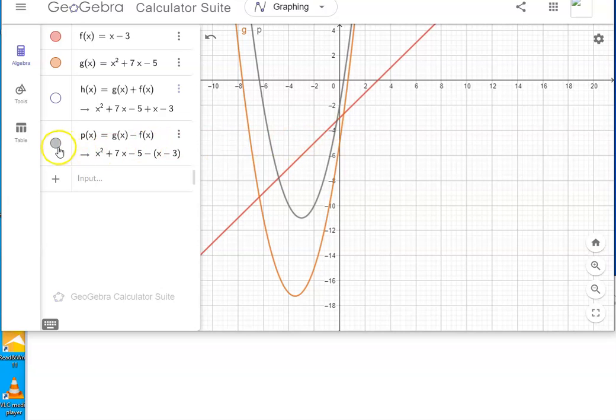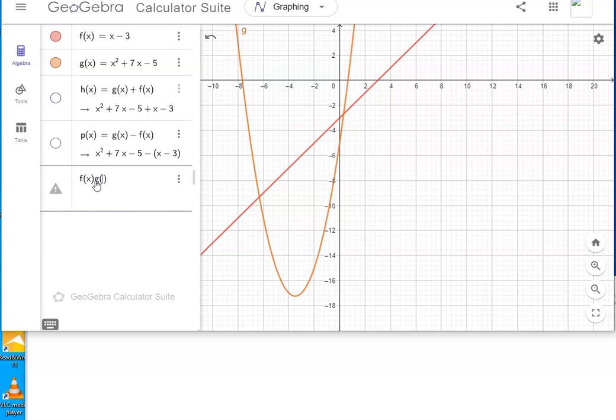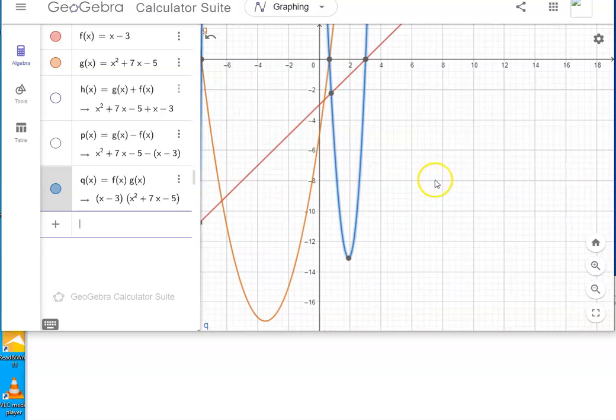Now, this is where it gets a little bit weird. Let's do the multiplying, f of x times g of x. Well, let's see. When f of x is 0 here, I'm going to be multiplying 0 times something, so it's going to cross at 0 here. Let GeoGebra calculate it, f of x times g of x. And wow, what do I get there?